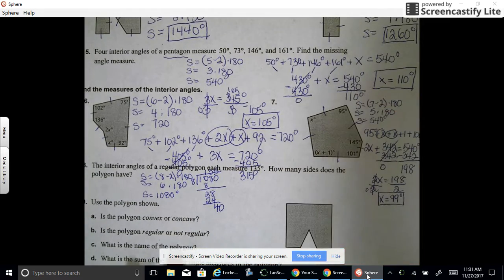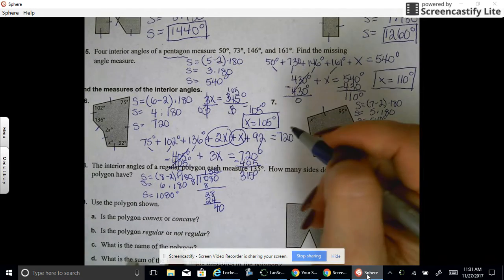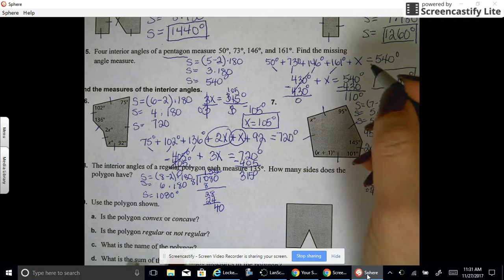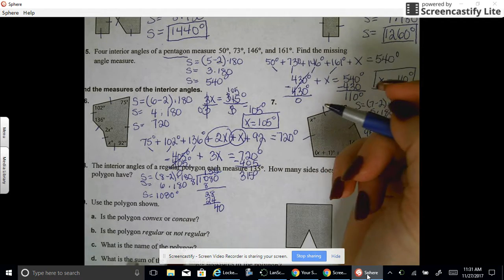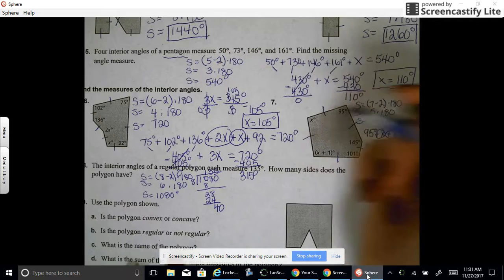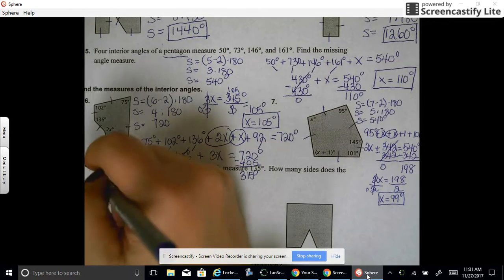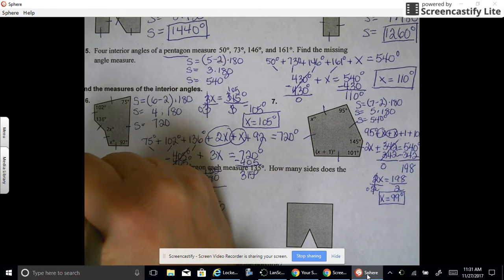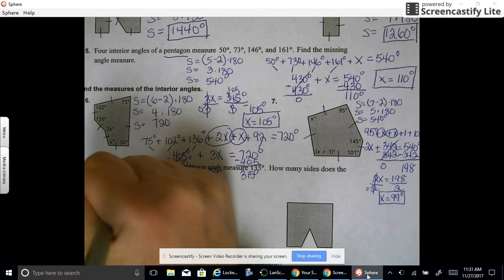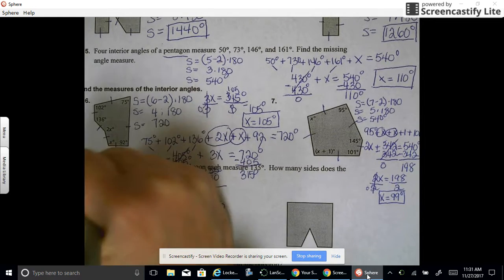We get 135 as our answer. So that equals what they are telling us each angle measures. So we know the number of sides in this particular polygon is 8-sided. So I'll say 8 sides and box that out.